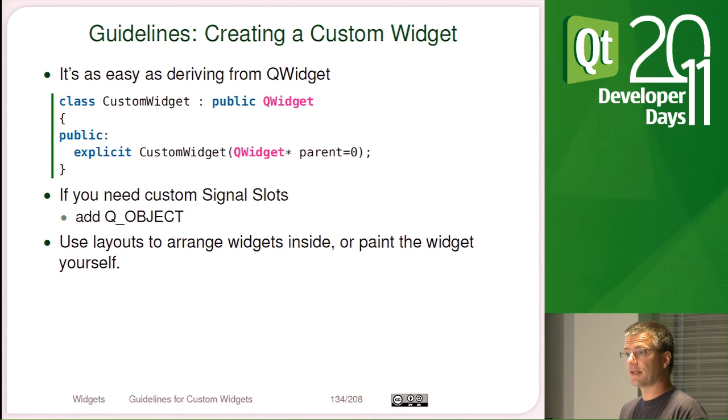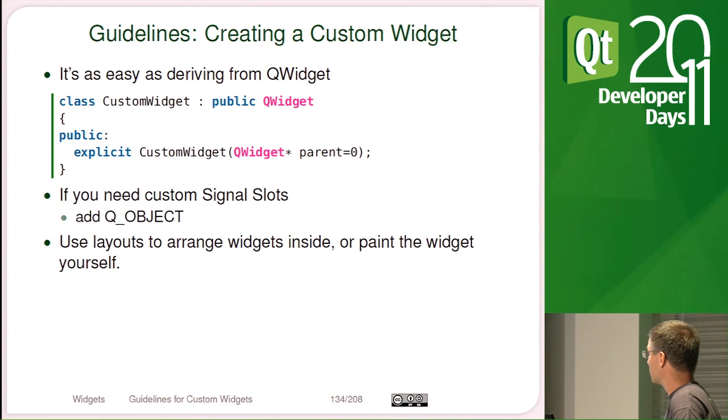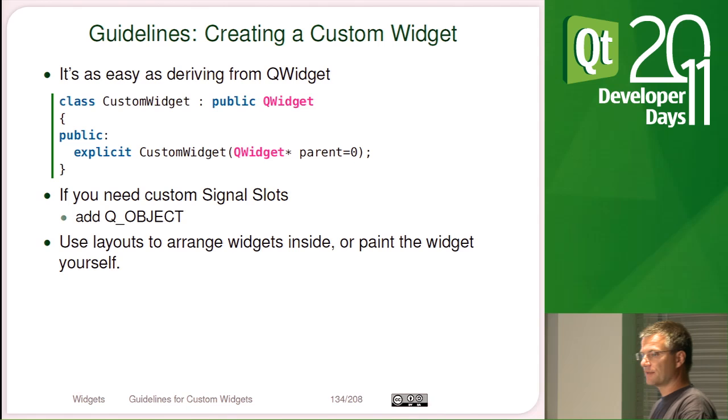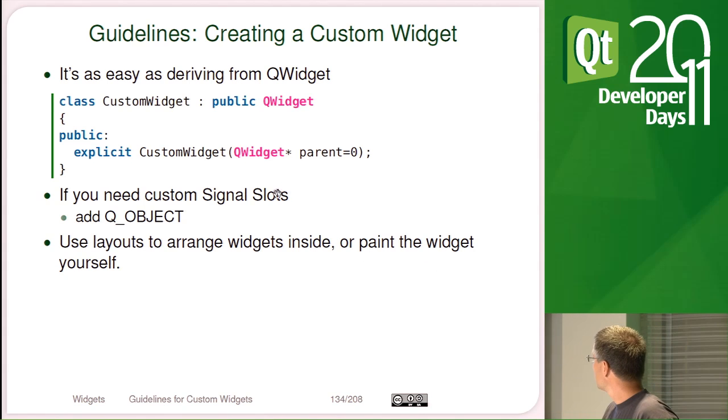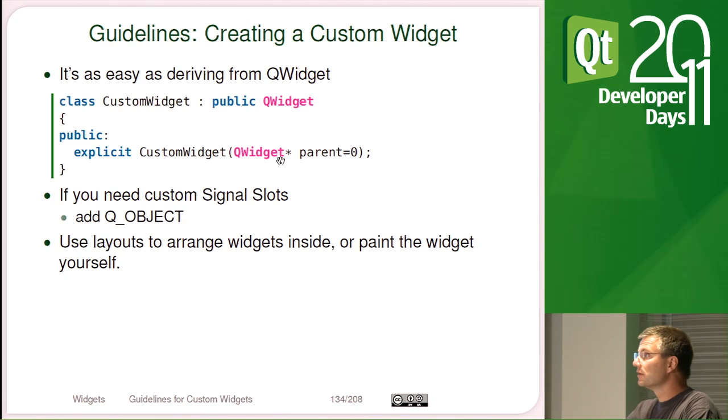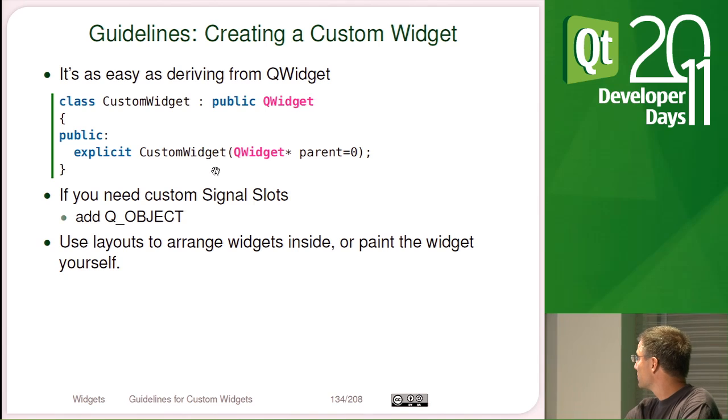So that means it inherits all the functionality from QWidget, and then you have to do some special implementations to your custom widget. Of course, the first thing you have to do is you have to specify a constructor, and you should follow the rules, what we already know. You have to specify a parent widget to your custom widget.